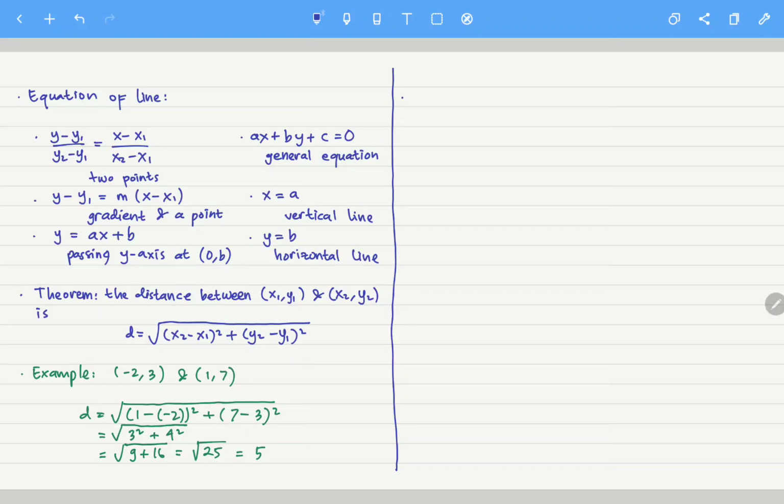Next, we have the following theorem discussing the midpoint of 2 points.